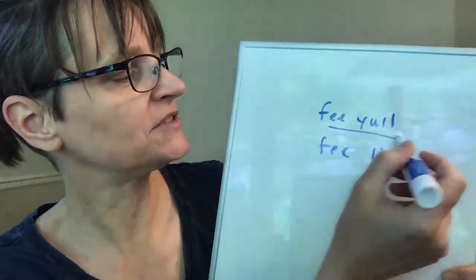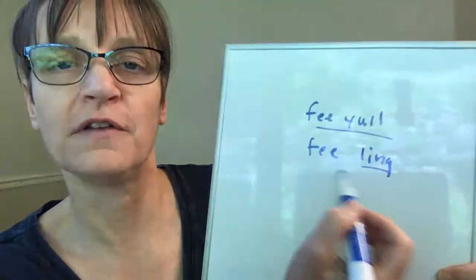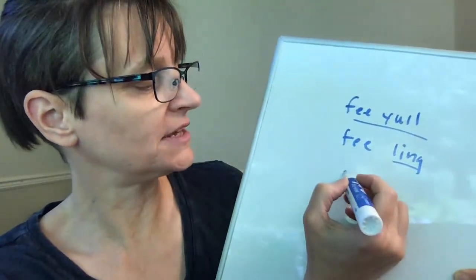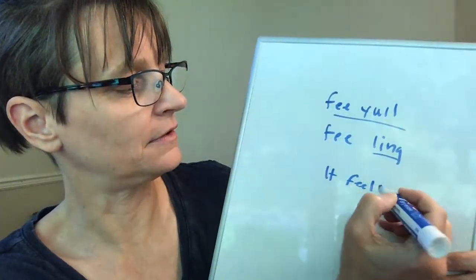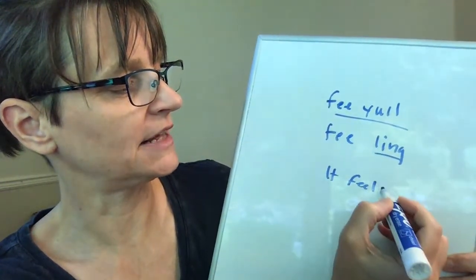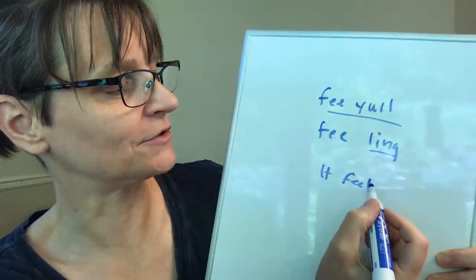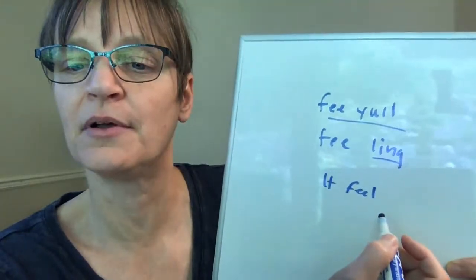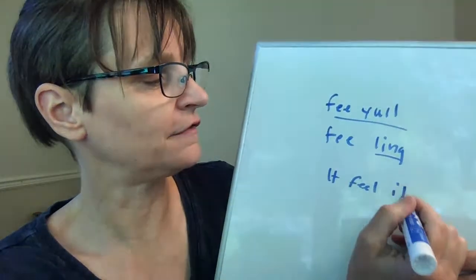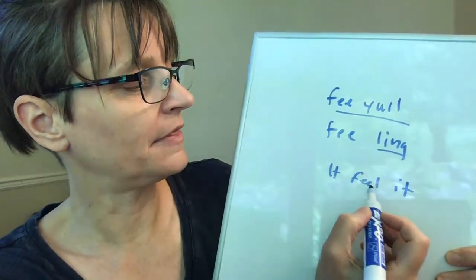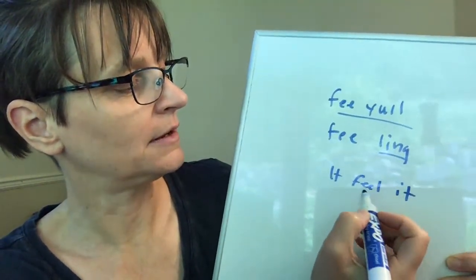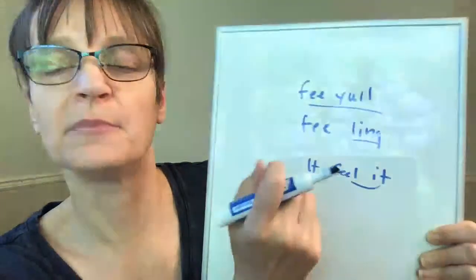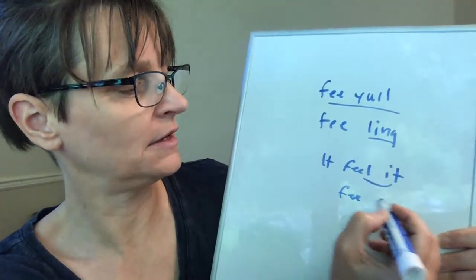So if I'm saying just feel, dark L, but feeling. Also if I'm saying something like, it feels like, I guess that doesn't work because I don't do an L. You had a better example. Yeah, feel it. I feel it. There, I feel it. I would probably say it becomes more like feel it.